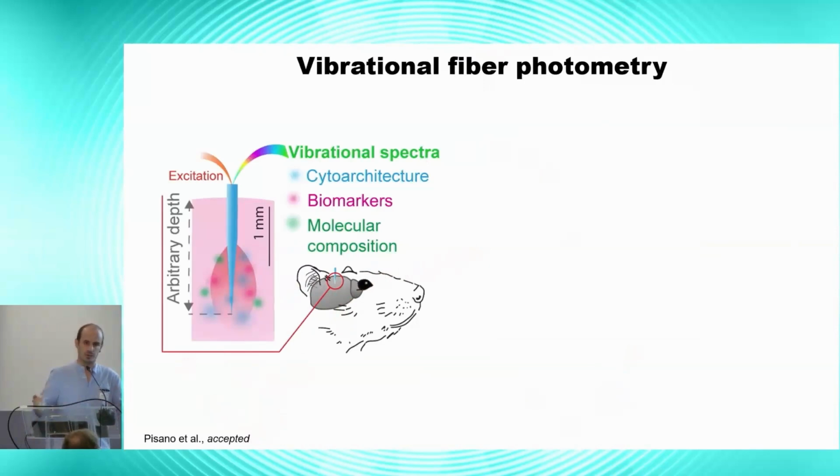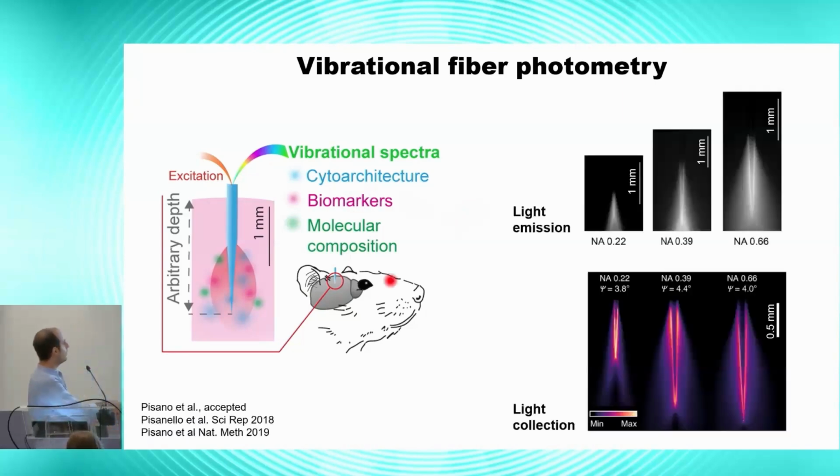Vibrational is a short word for Raman spectroscopy that can be added to the standard fiber photometry I've described at the beginning. This is advantageous because you can get at once information on the cytoarchitecture, on biomarkers, or on the molecular composition of the tissue that surrounds your probe.